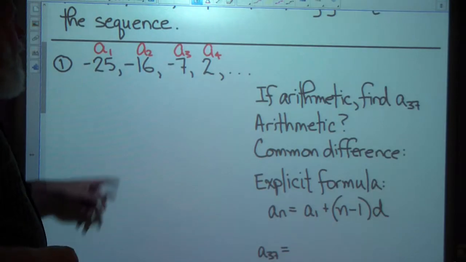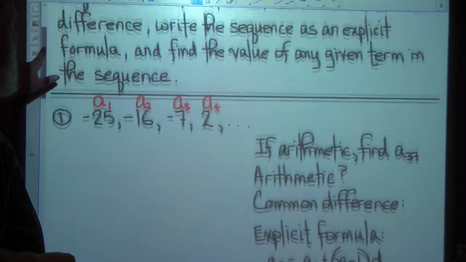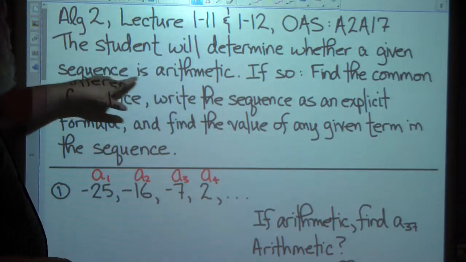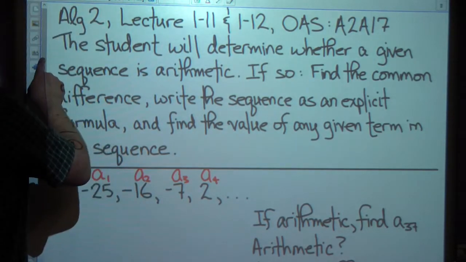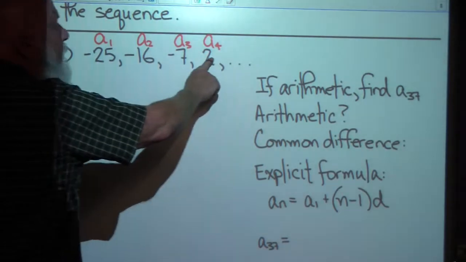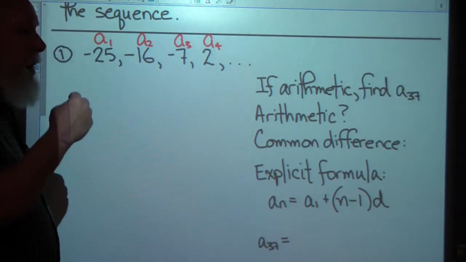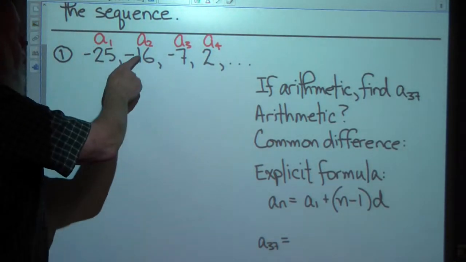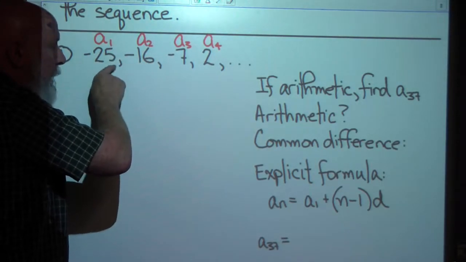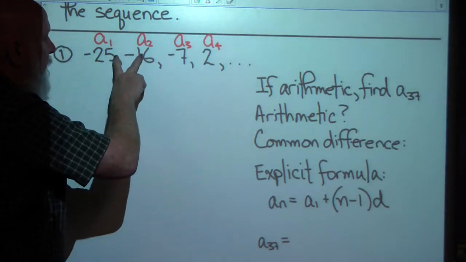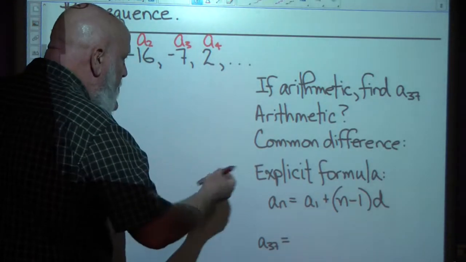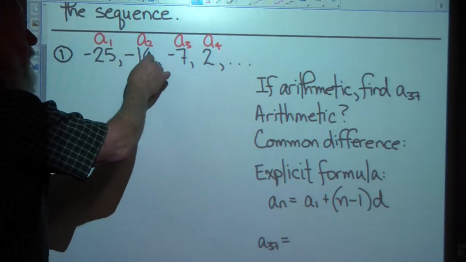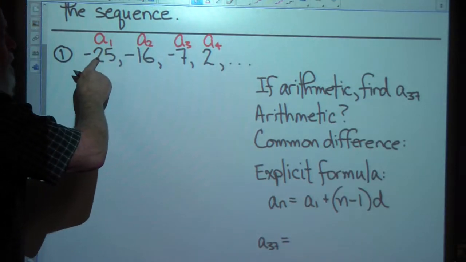Okay. Now, we want to determine whether the sequence is arithmetic, and here's how you do it. If you have a sequence of numbers and you want to find out if it's arithmetic, any two consecutive terms, if we subtract them, we'll always get the same number. Consecutive means right next to each other. So the way I do it, and the way the book does it, is you take the second term and you subtract the first term from it.